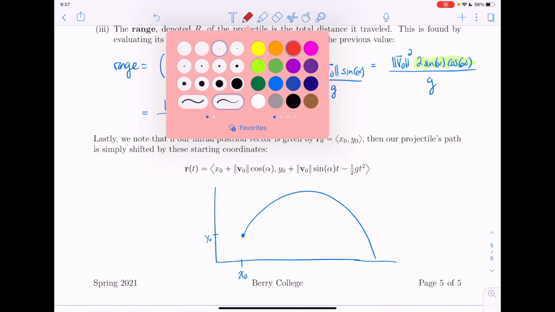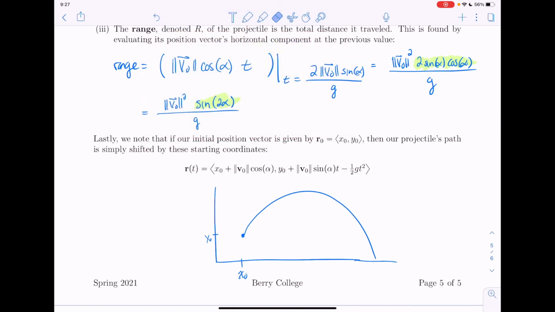We still have all the same things because vectors don't care where you start. We still have the same vector being initially applied. Now, though, we sort of have these imaginary axes here that we're dropping the perpendicular down to. But those are still just the vertical and horizontal components of this initial vector, v0.